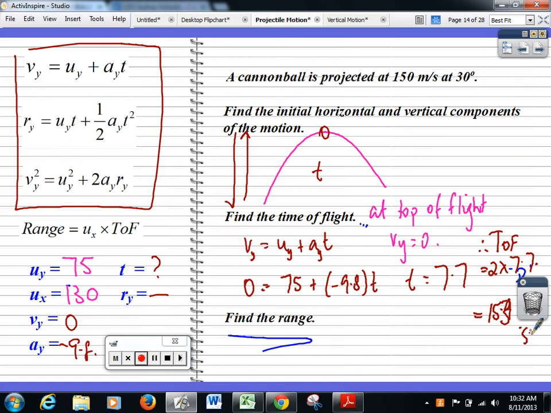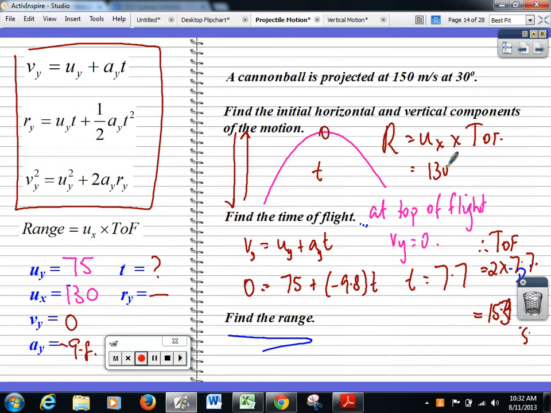All we are doing is ignoring the fact that it's also going sideways. We are just treating it as vertical motion under gravity. Right, to find the range, what do I need? Range is equal to ux times the time of flight. Have we already found ux? Yes, it's 130.